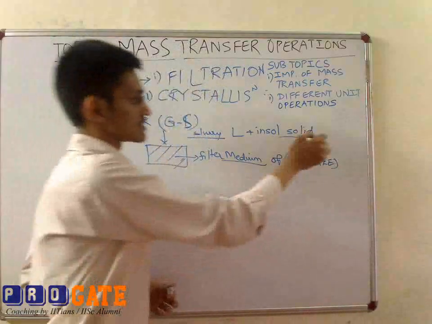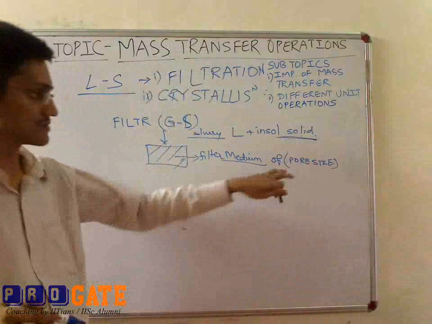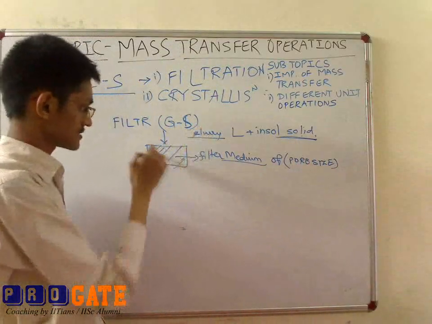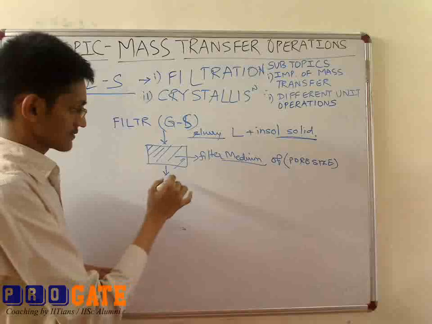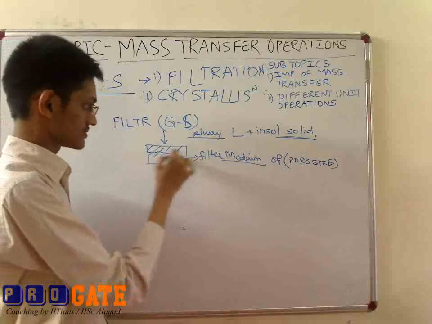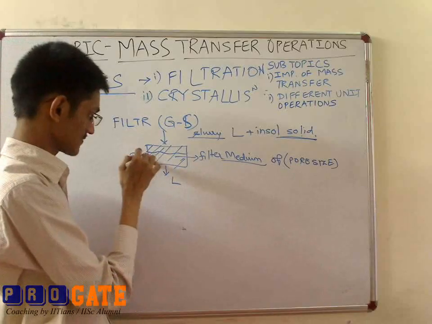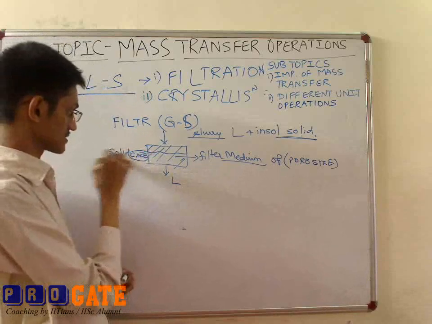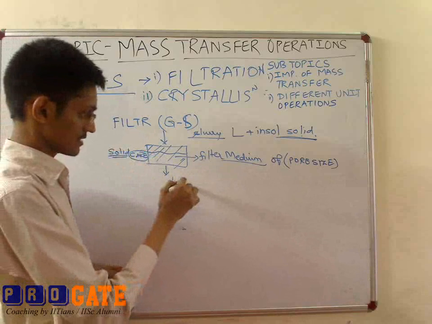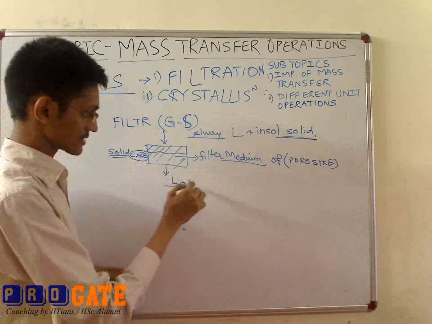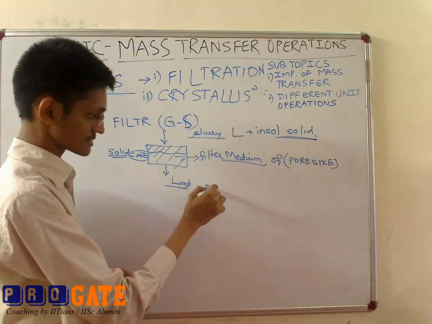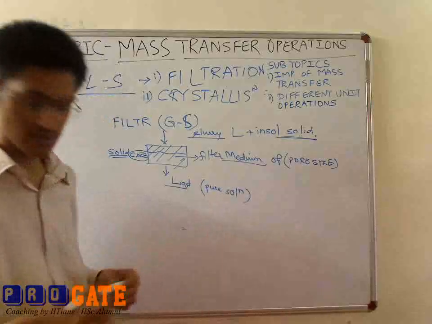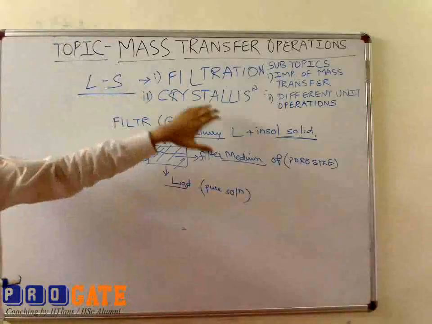So depending on the size of the solid particles, you select a filter medium. This slurry is then passed to the filter medium, and what you get on the filter medium is the cake, that is nothing but the solid cake, and at the outlet you get the liquid pure solution. So the unit operation is filtration.